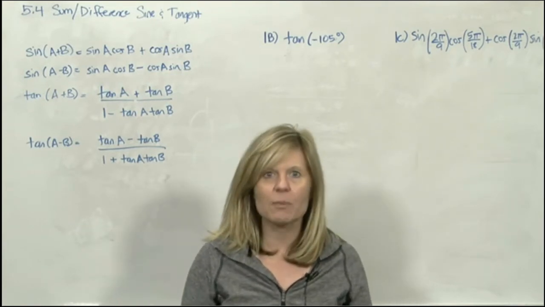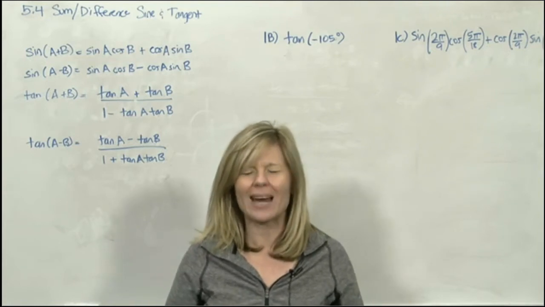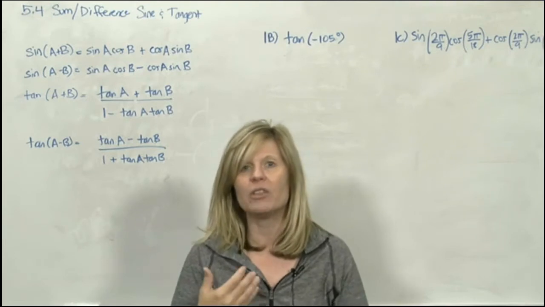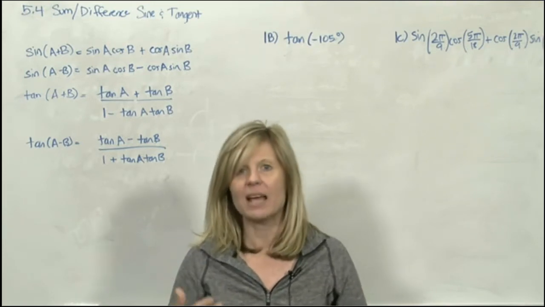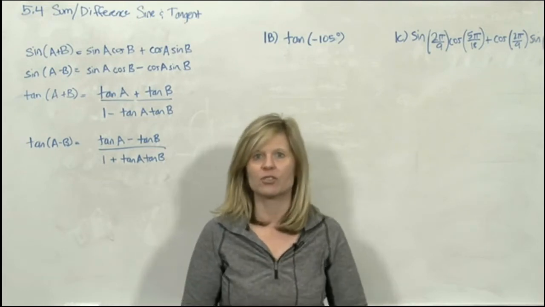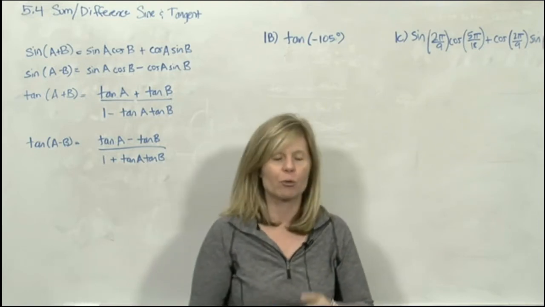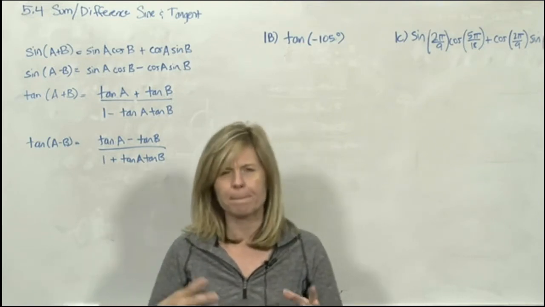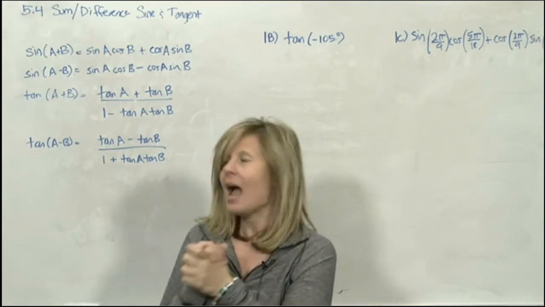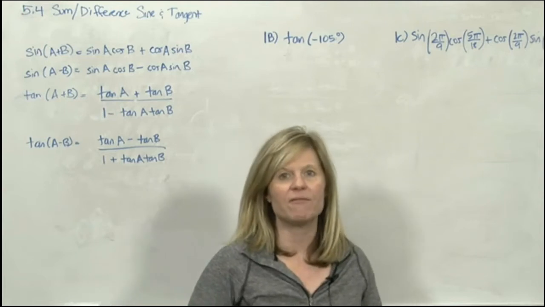So how did we look up the sine of 75 degrees? Well, what we did is we used our brain and thought, what two angles that we can look up would either add or subtract to make 75 degrees? So we'd go through the list of our quadrantals, 0, 90, 180, 270, 360. We'd go through our 30, 45, and 60 and say, is there a way we could take two of those angles and either add them or subtract them to get 75?